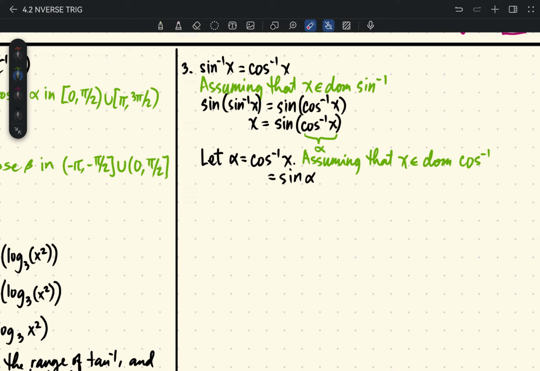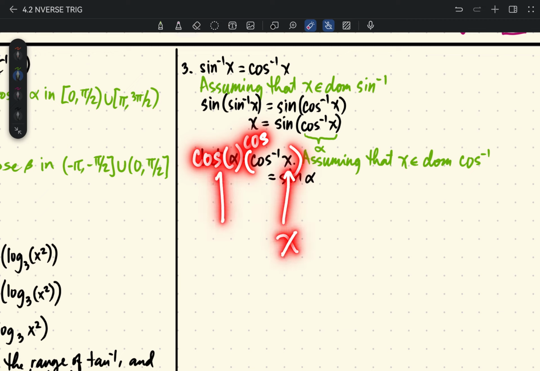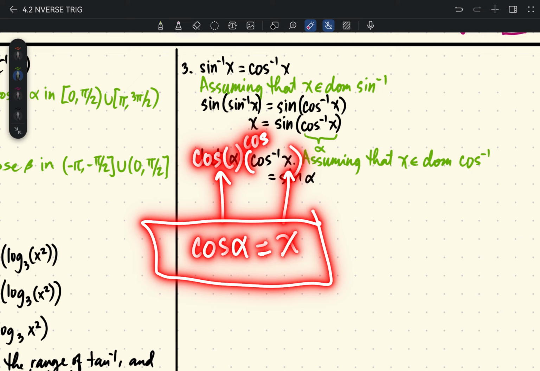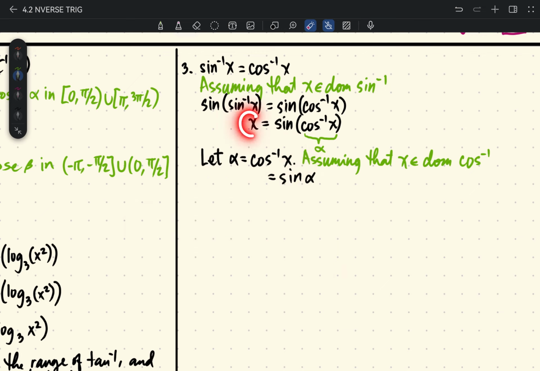We can apply the cosine function to both sides, and on the left side we'll just get x, and on the right side you have cosine alpha. So that means you have x equals cosine alpha. So this x right here becomes cosine alpha.